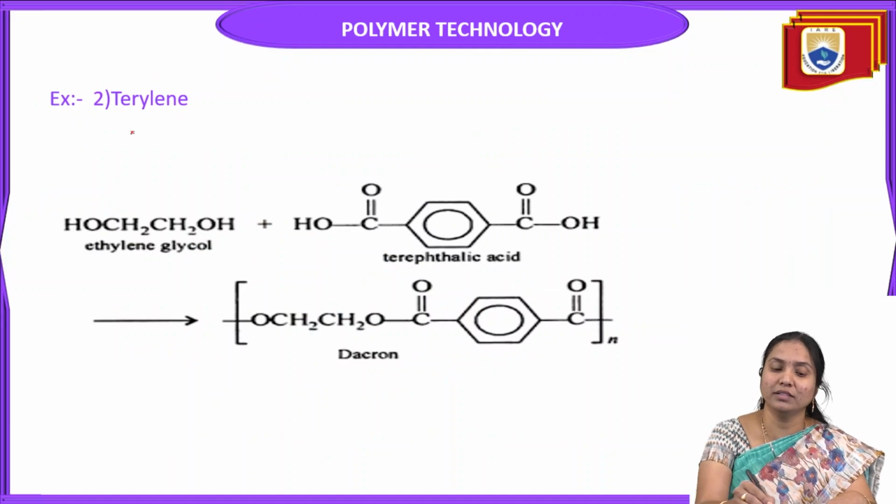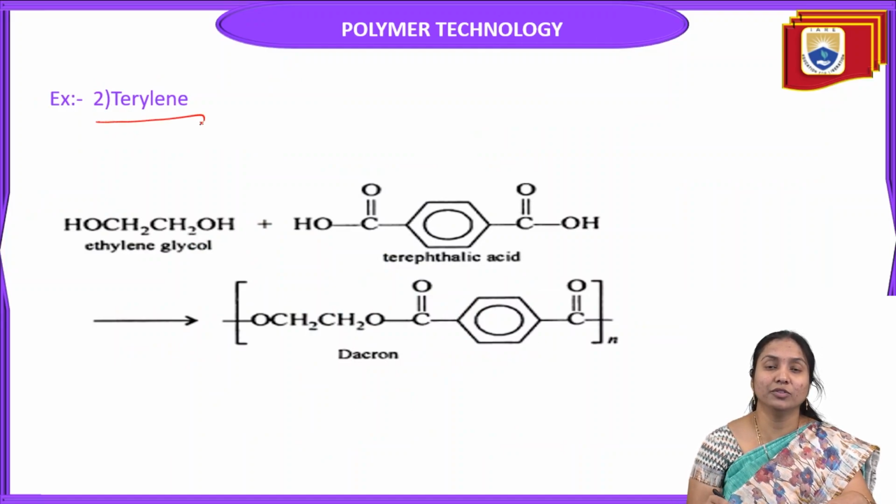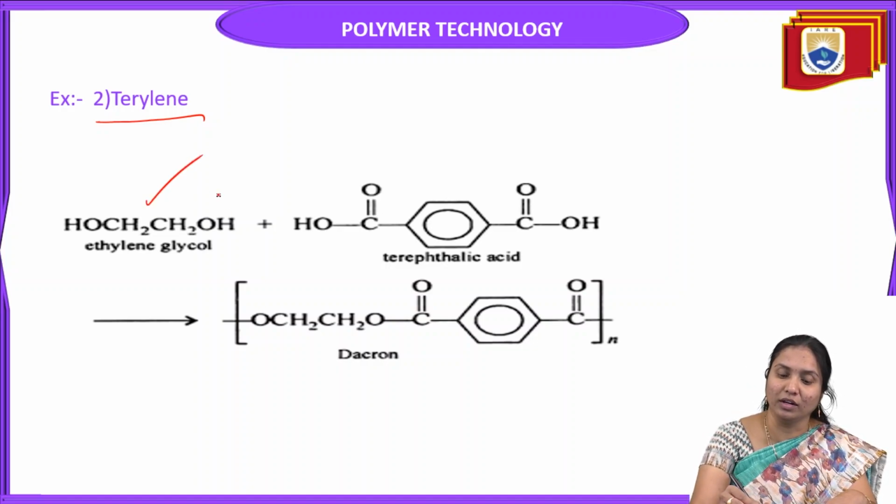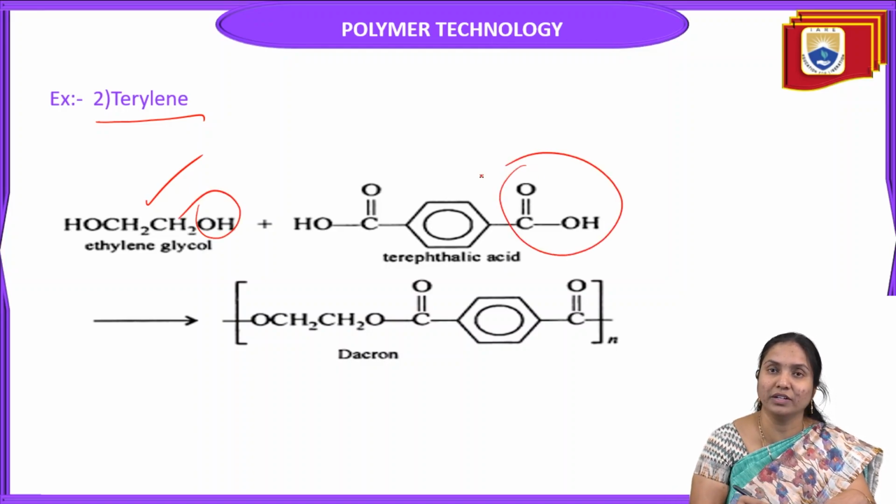So the next example is Terylene. It is also formed by condensation polymerization. Condensation polymerization means it is formed by two different functional groups of monomers, eliminating byproduct. In this case, it forms a new functional group in the polymer. Here ethylene glycol has an alcohol functional group, and terephthalic acid has an acid functional group.